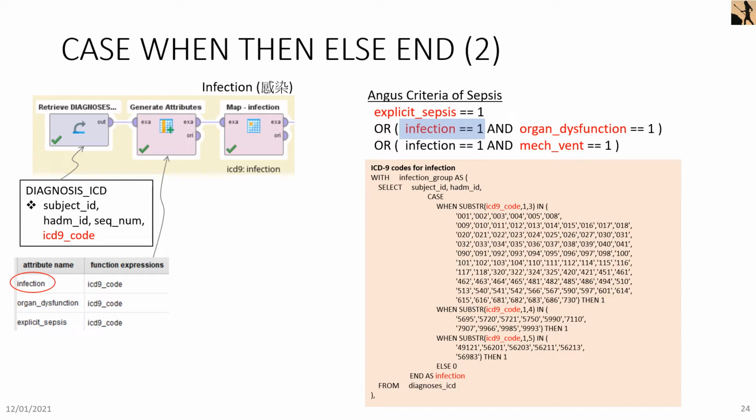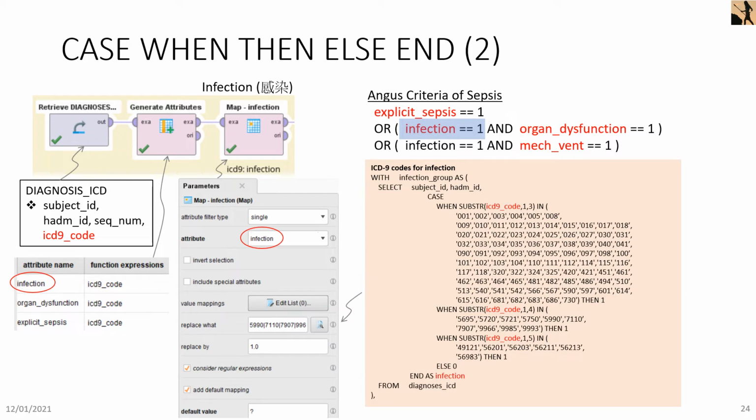You may have used this particular operator somewhere else, but what it does is that you assign a value to those with matched value, and you assign some default value for those that don't match. So here we are looking at this infection attribute, right? And then we will replace what? We will replace those records with all these ICD codes here.